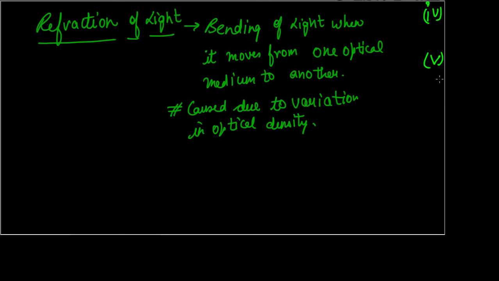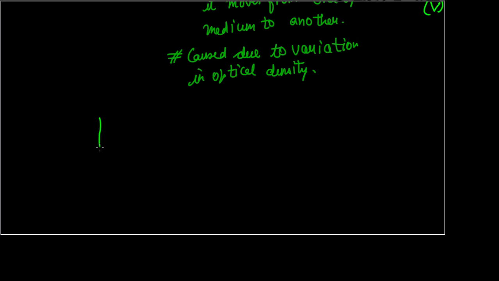Now, if you look into refraction through a glass slab, which is in your practical course, which is there in your textbook also, which is a very important example, please be clear with this. So if you take a glass slab and trace the path of light, for example, this is air and this is glass.